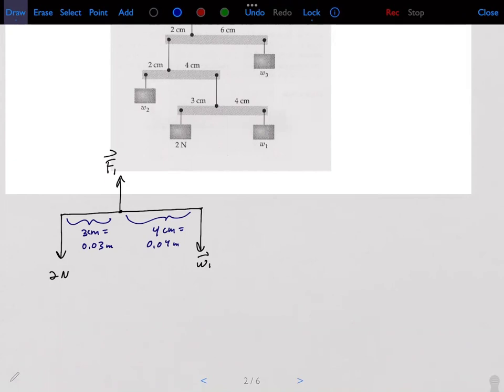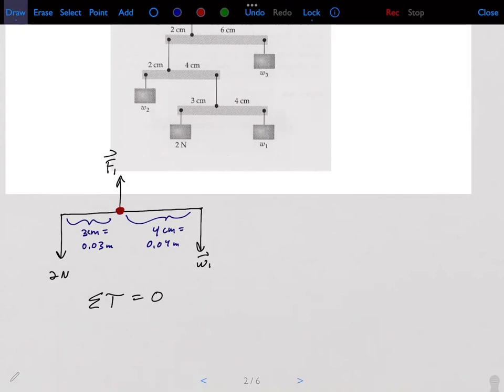Because I don't know F1 and W1, I only want one of those unknowns to appear in my torque equation. We know that this is balanced, so the sum of the torques must equal 0 about any point I choose as my axis of rotation. I'm going to choose my axis of rotation to be right here at F1, because then only W1 will appear in my equation. I can solve for it.